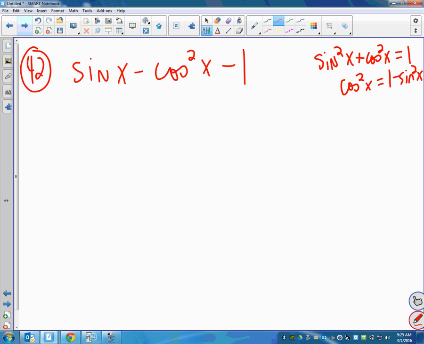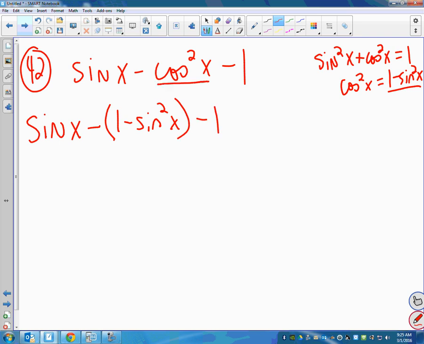You got to really, really watch your negative signs in this, because there's a negative in front of the cosine. So when I plug that in, I have minus the quantity 1 minus sine squared minus 1.